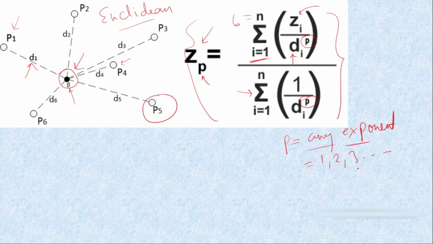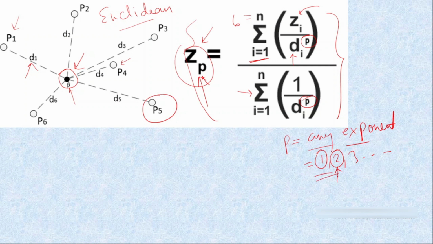But see, the larger the exponent, the higher the inverse relation, and the lesser will be the impact or the accuracy of this z value at any point P. So the most favorable and most accurate results you get are either from p equal to 1, or in some cases you can take the inverse square distance weightage, so you can put p equal to 2, or the distance squared.